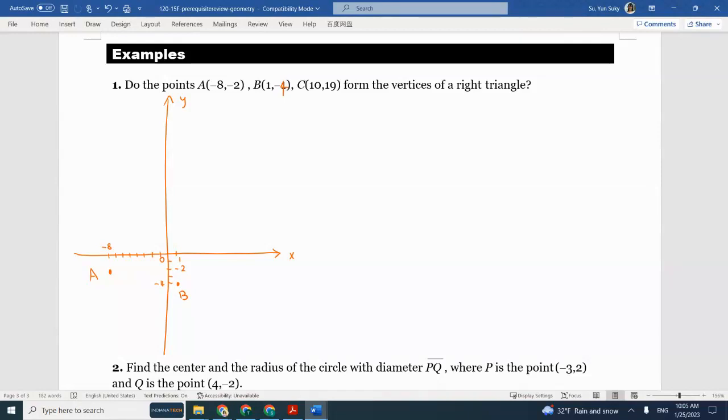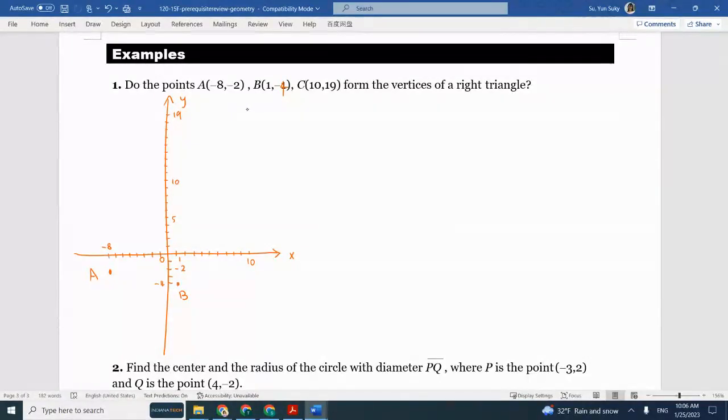And then point C, 10, 19. Ooh, 10. 1, 2, 3, 4, 5, 6, 7, 8, 9, 10. That's 10. And then the y coordinate is 19. So 1, 2, 3, up to 19, right here.